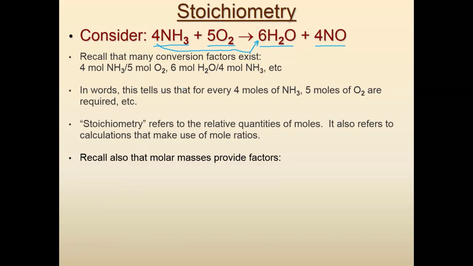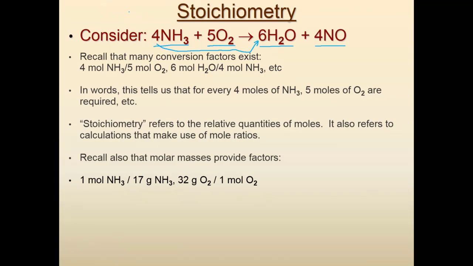Molar masses also provide conversion factors that are going to be necessary for us because, as I mentioned before, these are not gram ratios. It's not 4 grams of NH3 forming 6 grams of H2O, and that's because nitrogen weighs less than oxygen. If I have 1 nitrogen and 3 hydrogens, that's not going to weigh the same as 2 oxygens.